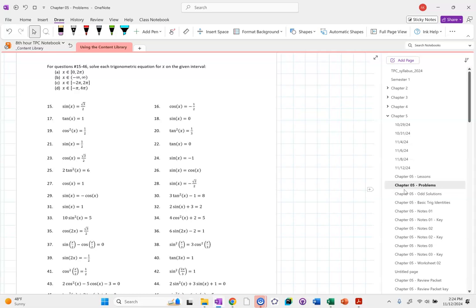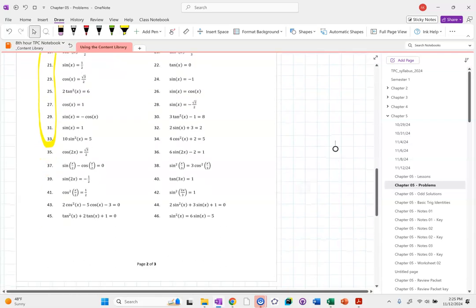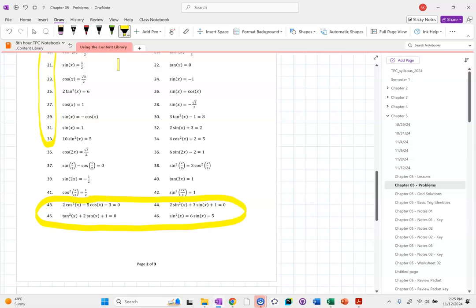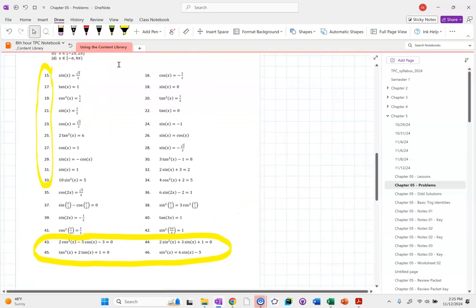For your homework on this, I need you to do, let's say, 15 to 33, and then 43 to 46.